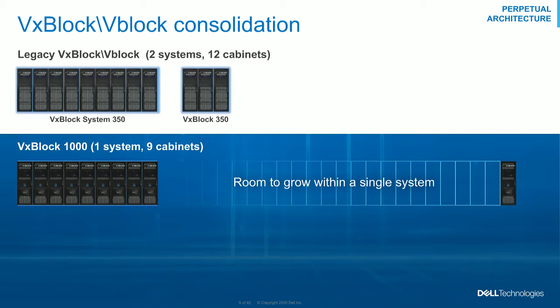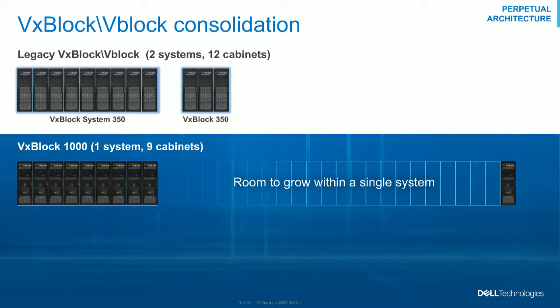With the ability of VxBlock 1000, a perpetual, evergreen, modular, converged infrastructure system, it really now allows our customers to get greater consolidation and greater density in a single management pane by consolidating 2 disparate, discrete VxBlock systems into a single VxBlock 1000 system.